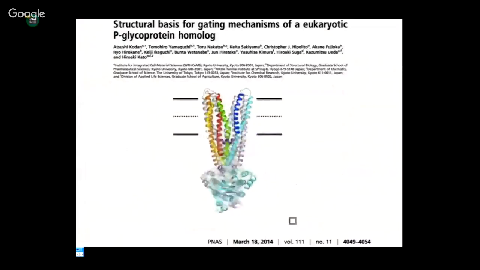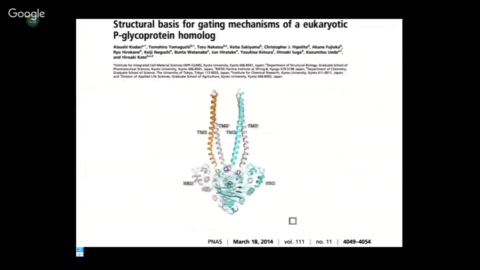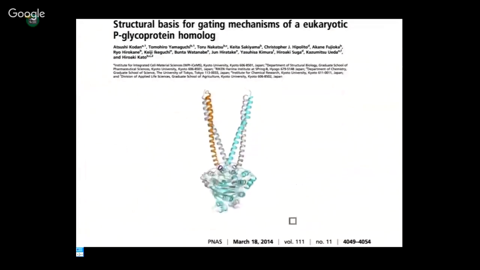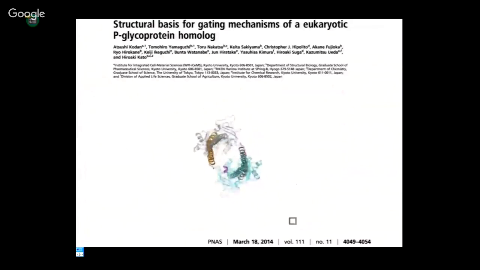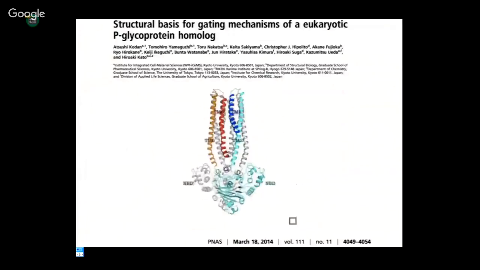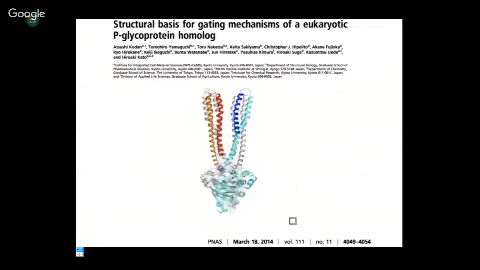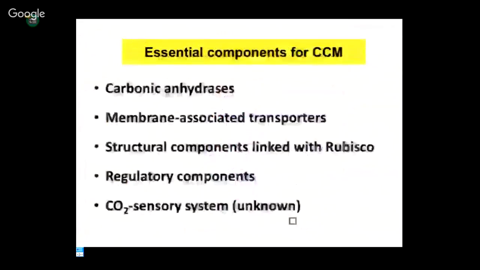In this case, or in the Chlamydomonas case, bicarbonate should be taken up from outside to inside. The orientation is opposite. So remember this kind of structural movement is totally dependent on ATP energy, and they support the CCM.